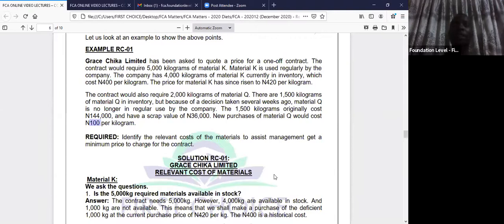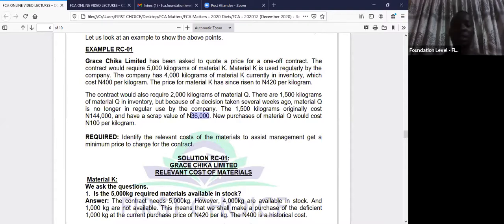So what you look at is what is the future cost to be incurred, or what is the future value you will get from this material. The future value you will get from this material is the scrap that you gain when you sell it. So it's either you use it for this project or you sell it.